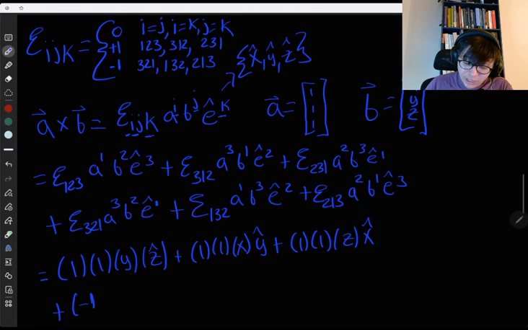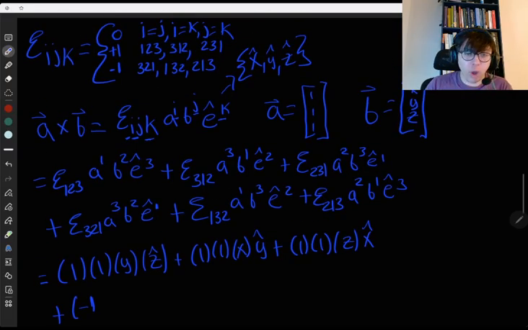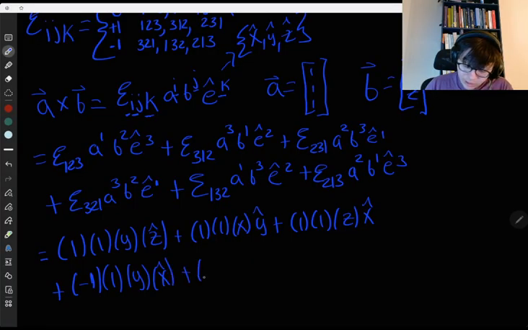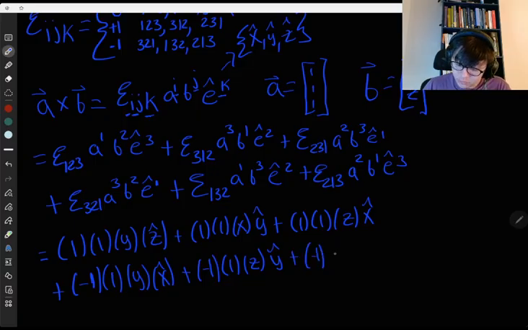Remember, that's the definition of epsilon 3, 2, 1. It's negative 1. So we'll get negative 1, 1, y, x hat plus negative 1, 1, z, y hat plus negative 1, 1, x, z hat.